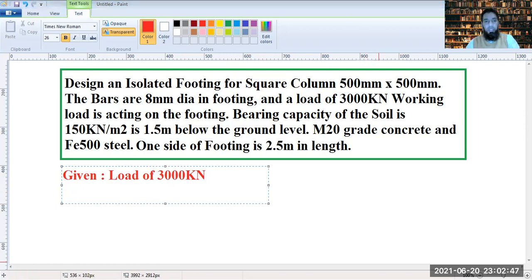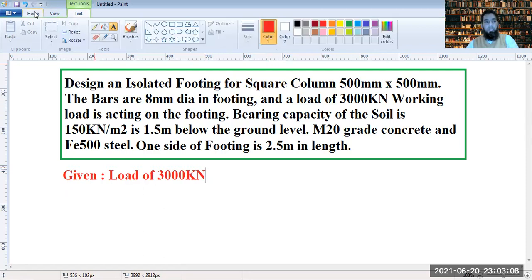Next, what is given is the bearing capacity, but this is the safe bearing capacity that's given in the question. So let's change this here. This is safe bearing capacity.